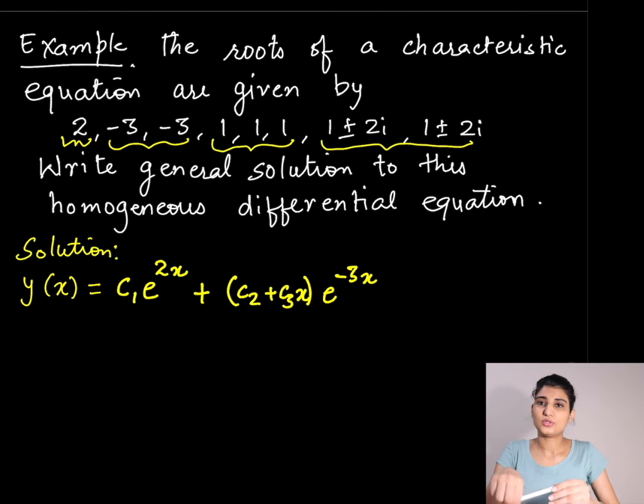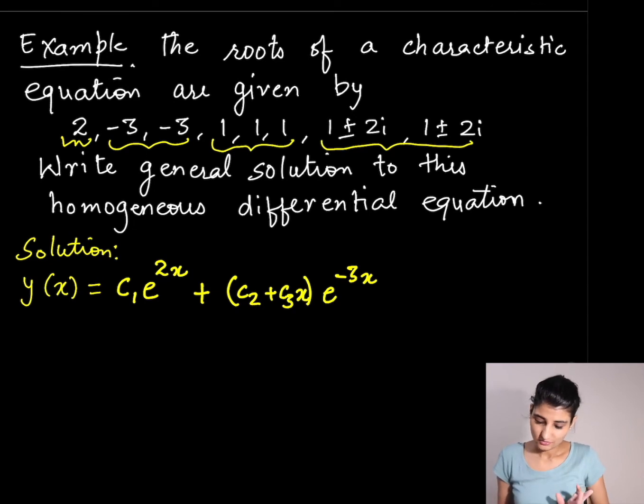So if we have n roots, we are going to involve n constants. So you can remember it that way also. If we have -3 2 times, so we are going to involve 2 constants, c2 and c3.